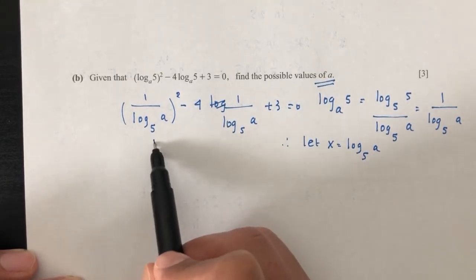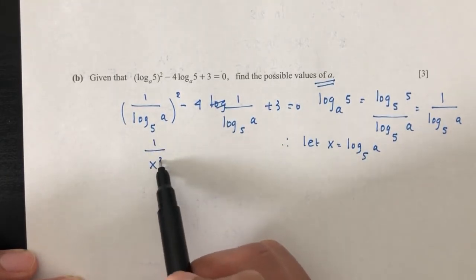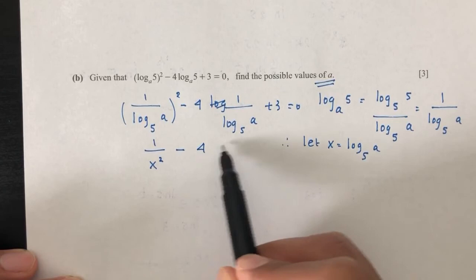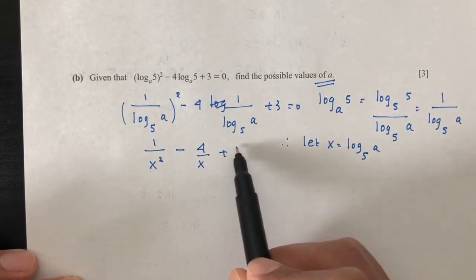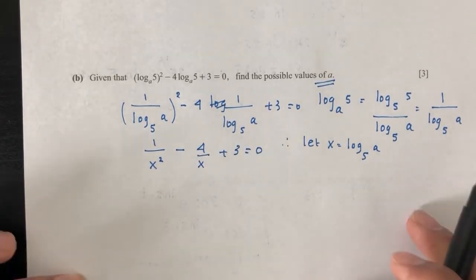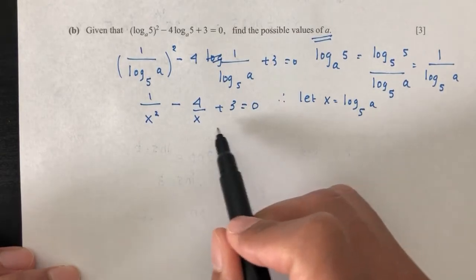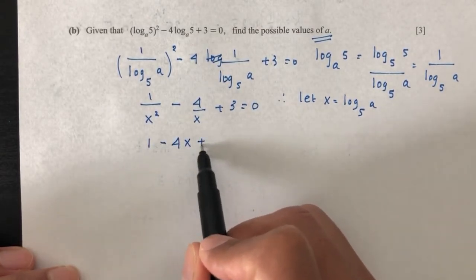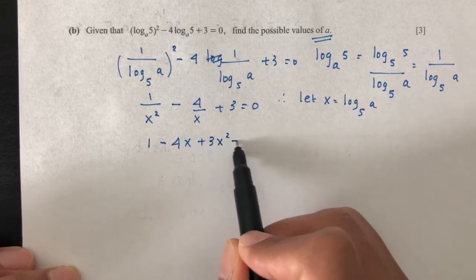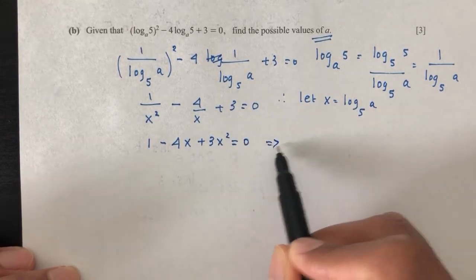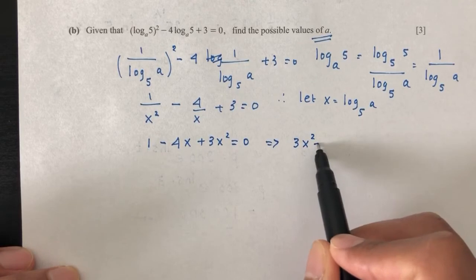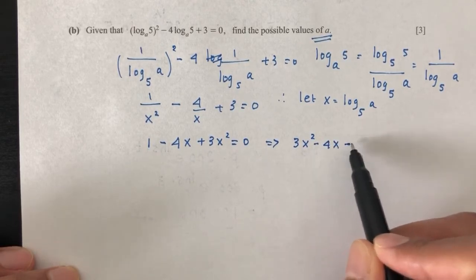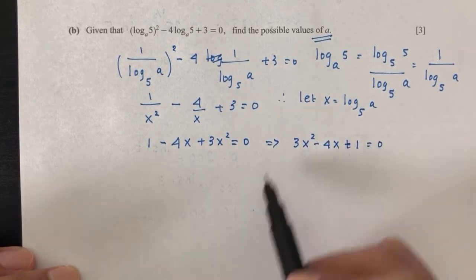That will be 1 over x square minus 4 over x plus 3 equal to 0. So let's multiply everyone by x square. We will have 1 minus 4x plus 3x square equal to 0, which is the same as 3x square minus 4x plus 1 equal to 0.